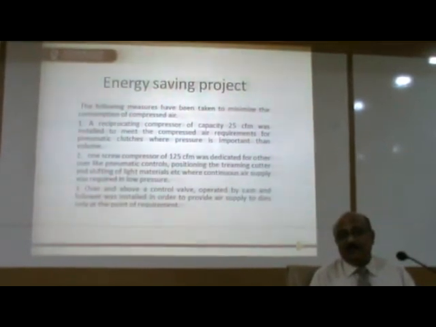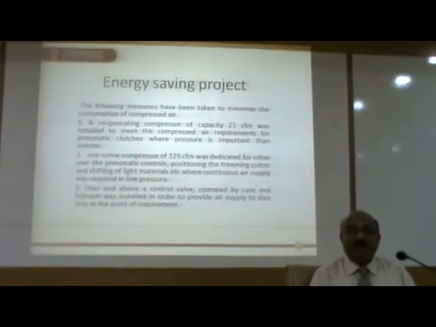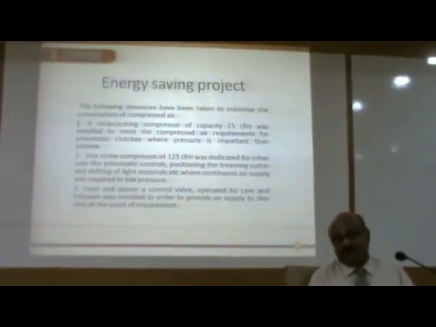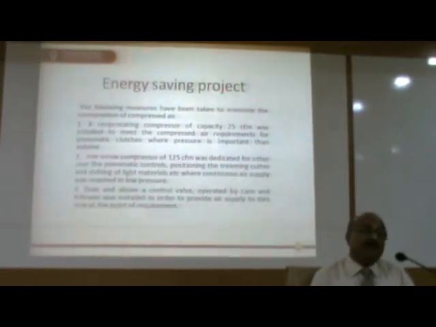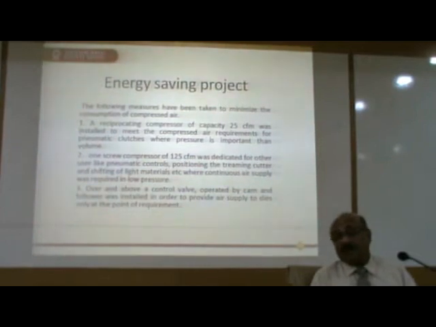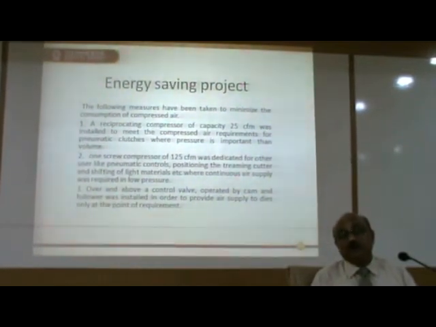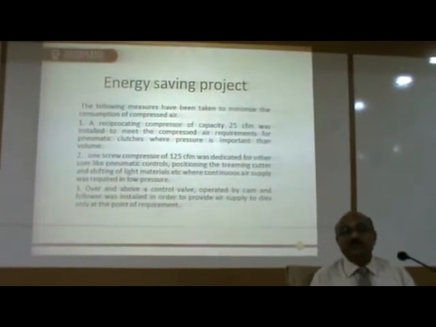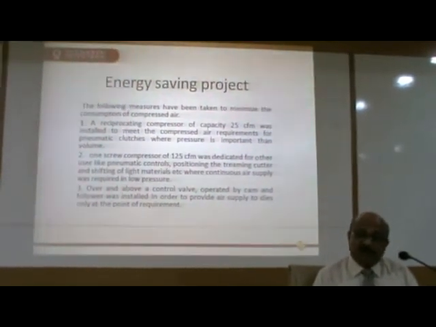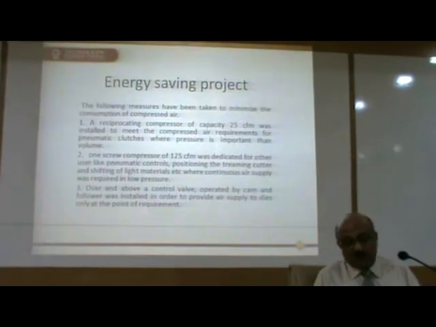Only when engaging or disengaging the clutch do we require the pneumatic pressure. So a small volume of air but high pressure is required. But we cannot increase the pressure in the middle of the pipeline, because at the source the compressor should be a higher pressure compressor. So it requires much higher power or energy. But the requirement is less. So what was the decision?